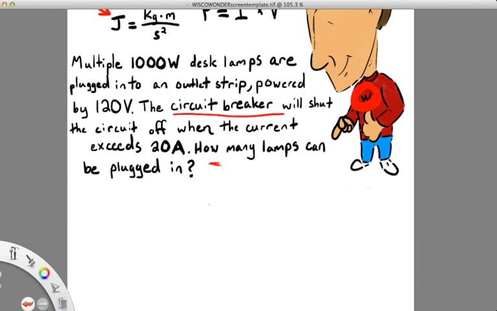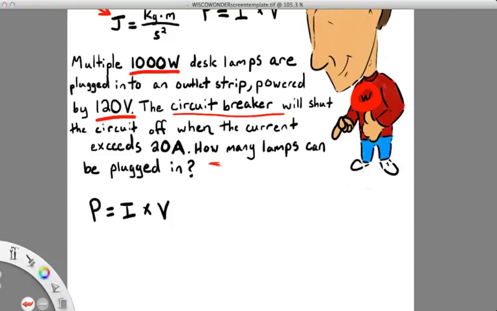So, using what we know, that power equals current times voltage, we can pretty much just plug in these two values. We plug in power and we plug in voltage. And that's going to give us the current that runs through the circuit when there is a single desk lamp, because each desk lamp is 100 watts.